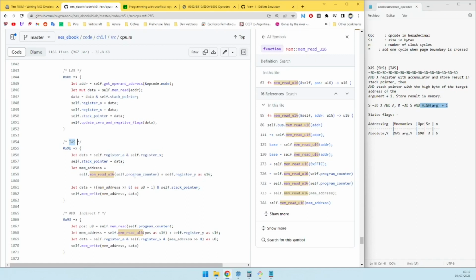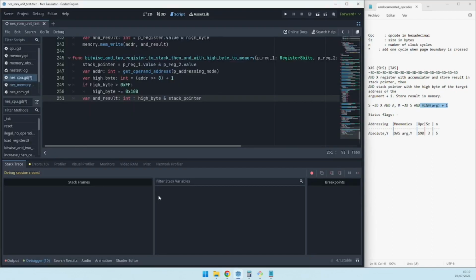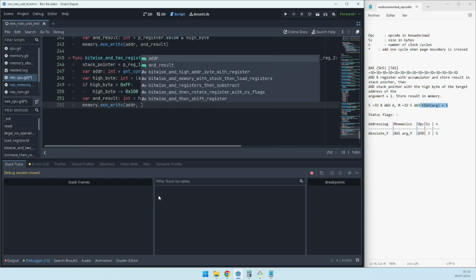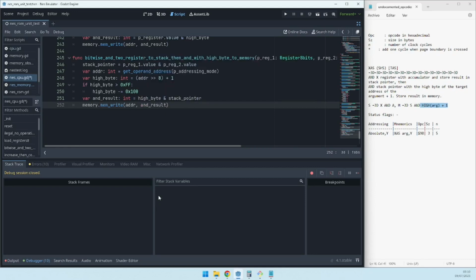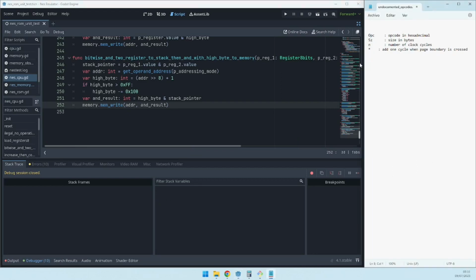Are we doing it correct? Correct, and write it to the address. Memory, write mem, address, and result. And no changes in program counter.